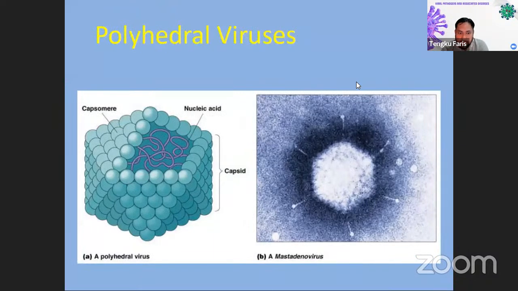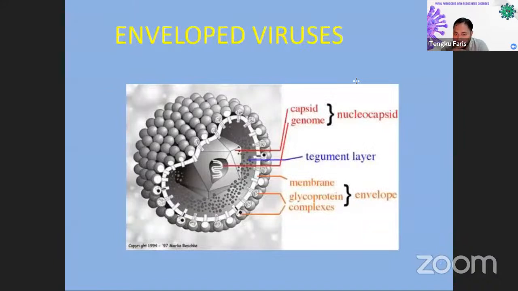Polyhedral, as I mentioned earlier, like adenovirus, is also considered a polyhedral virus. Enveloped viruses like coronavirus and influenza virus are classified under enveloped viruses. Inside, in the case of influenza virus, they have 8 different segments. Very special, meaning they have a special layer to cover them apart from the outer layer.